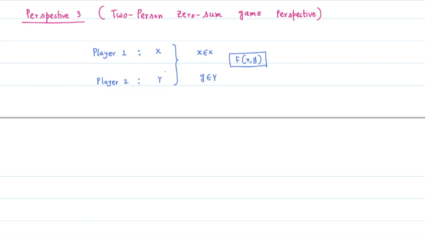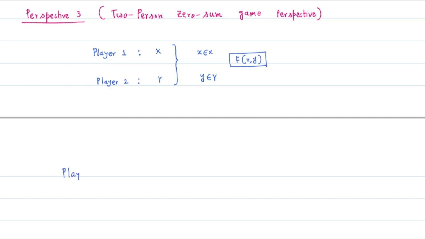So given this formulation of the game problem, what strategies are best for player 1 and player 2? What strategies will be chosen by player 1 and player 2? Let us look at this problem from the perspective of player 1, and then later we'll look at it from the perspective of player 2. Accordingly, we will try to figure out what strategies will be best and will be chosen by the players.